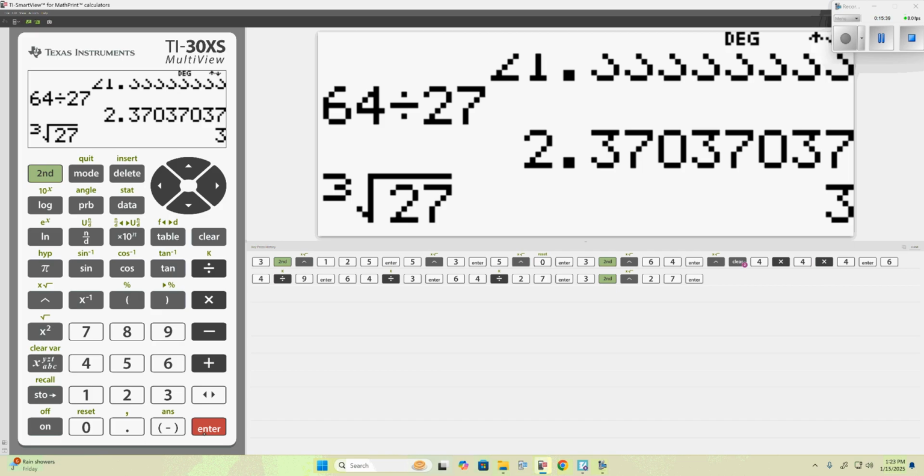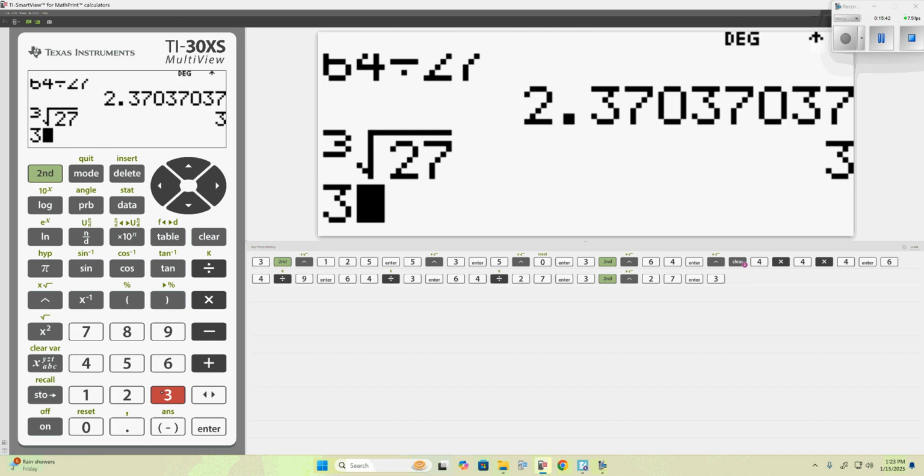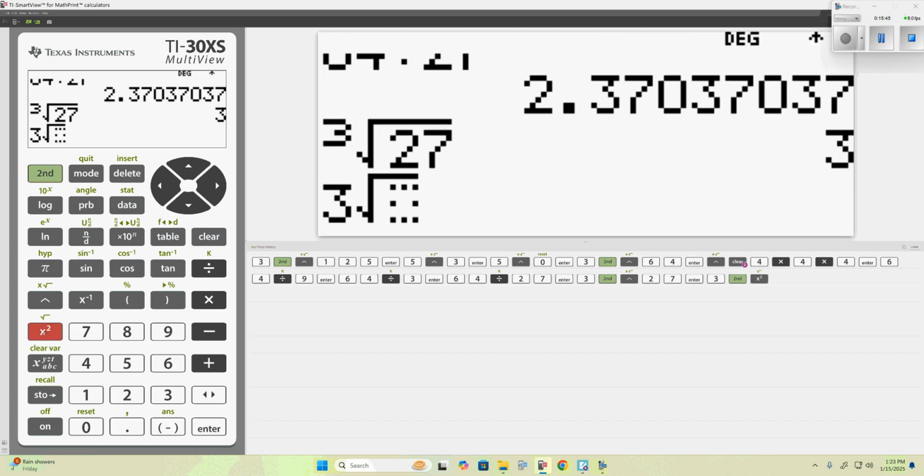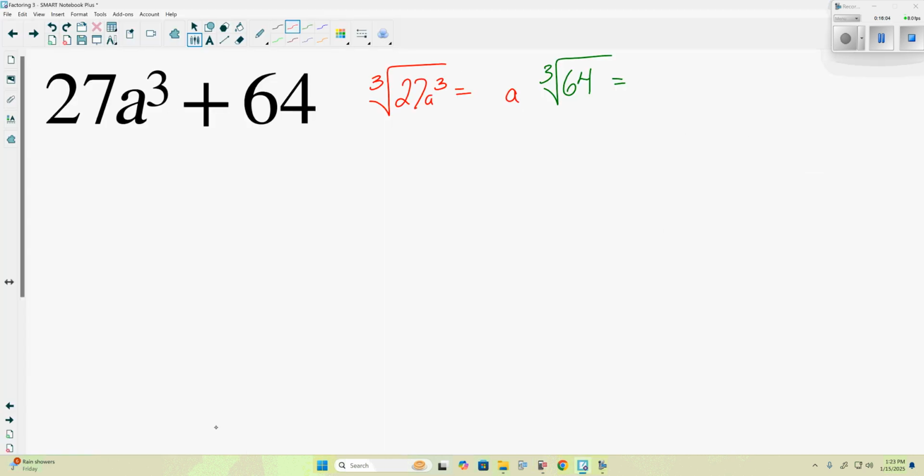When you're doing the cubed root, make sure that the 3 does go into that index, because if we typed in 27 here, we get 9 square roots of 3, not the cubed root, because it took the square root of 27. So the cubed root of 27a cubed is 3a. What times itself three times is 27a cubed? That'd be 3a. Cubed root of 64, 4.